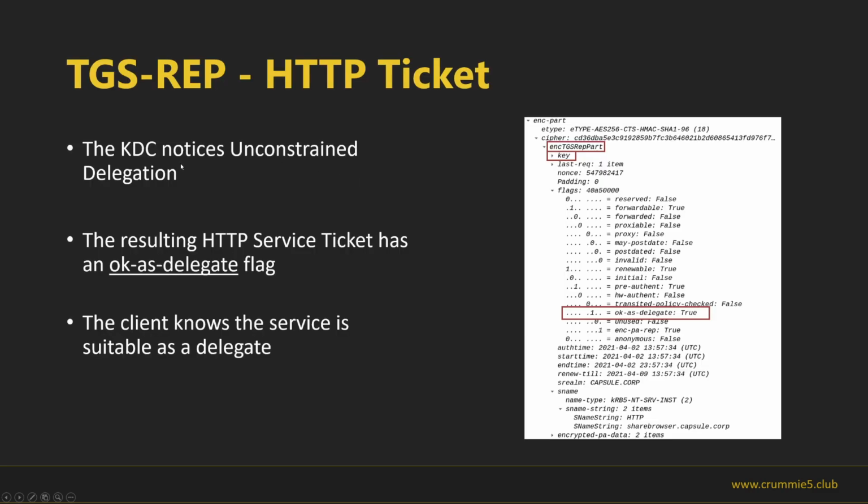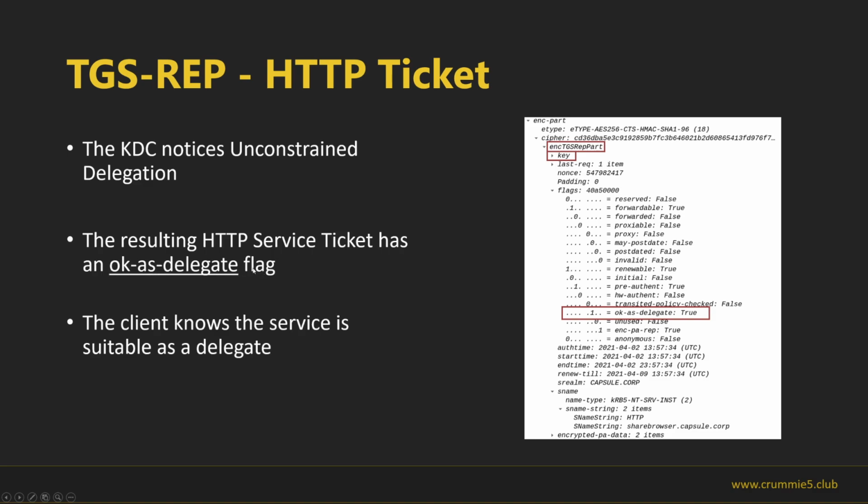The thing with this response is, well, we know the KDC confirms that the service is configured with unconstrained delegation. So the result will be a service ticket with the OK as delegate flag.